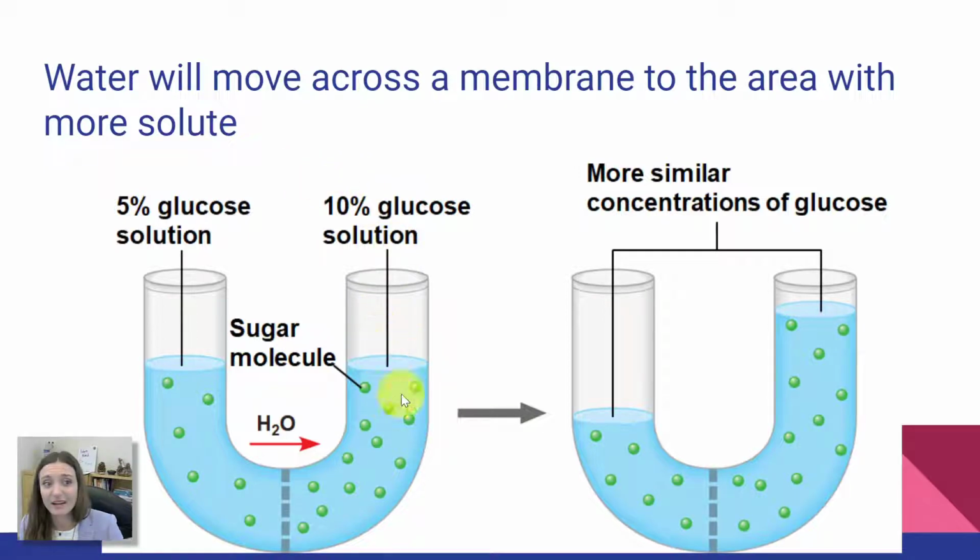So there's a lower concentration of water on this side compared to this side, so water moves to that side. Usually in osmosis, though, we talk about water moving to the side where there's more solute. So we measure solutions in the concentration of solute. So water will always move to wherever there's a higher concentration of solute.